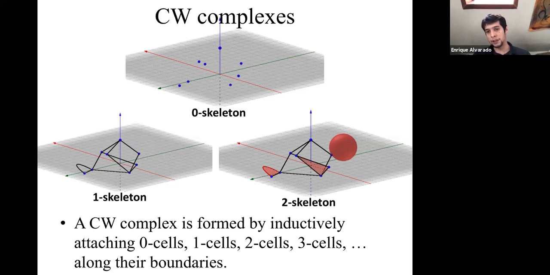Another 2 cell attached is the triangle in the middle. But then you can also attach 2 cells where you have your sphere, or your disk, and you can collapse the circle, the boundary of the disk, into 1 vertex there. That sphere that you have is actually a 2 cell, where the boundary of that 2 cell is collapsed onto that 1 vertex there. So you have a lot of freedom as to how you're gluing things together.